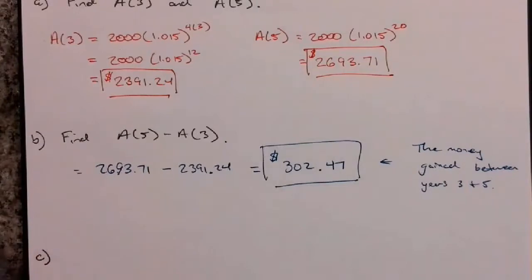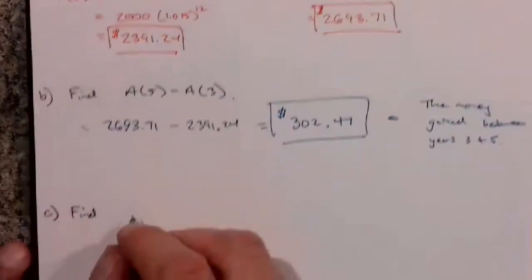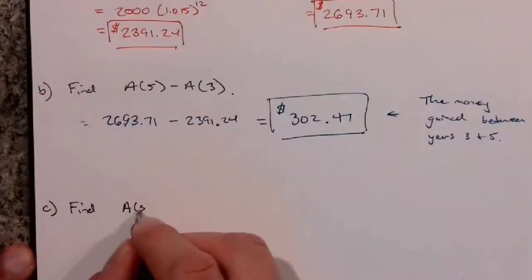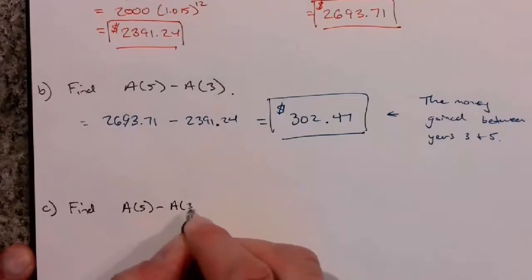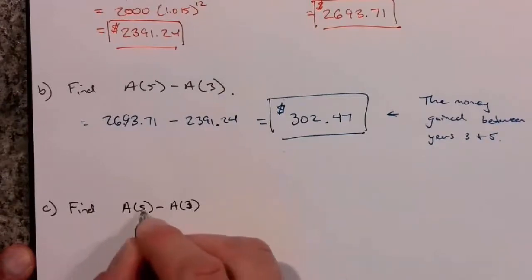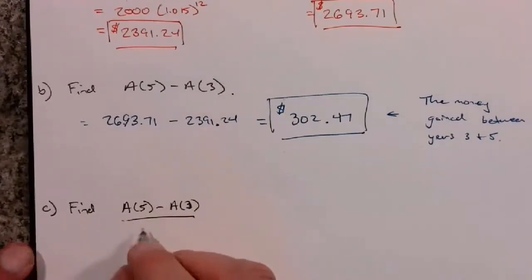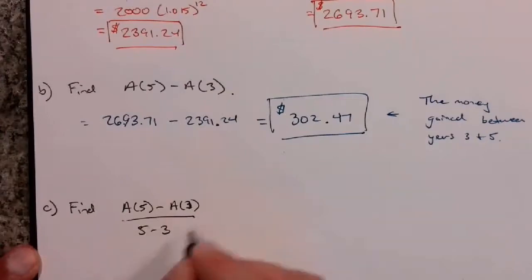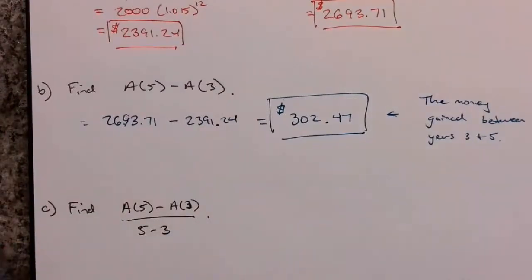And lastly, if we ask you to find A of 5 minus A of 3 divided by 5 minus 3, right? So you're just asking us to evaluate that. Well, you already have pieces of this.